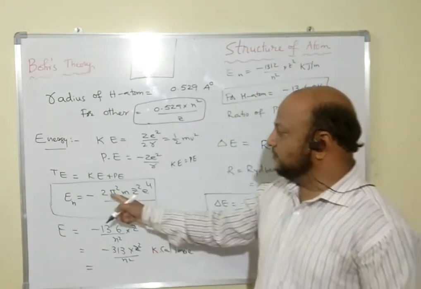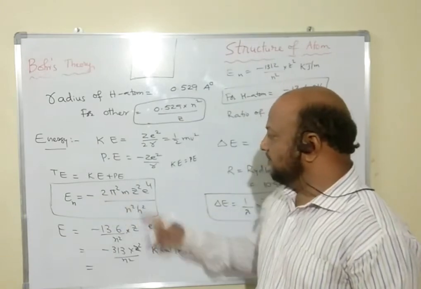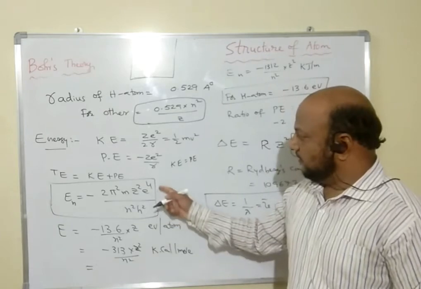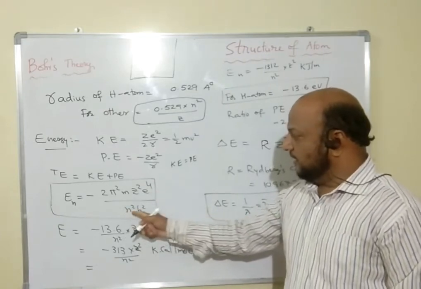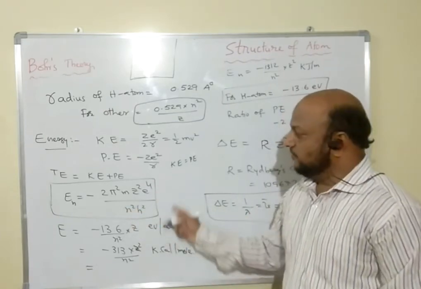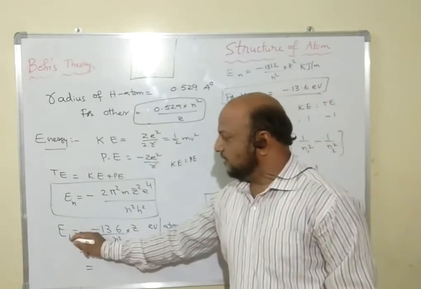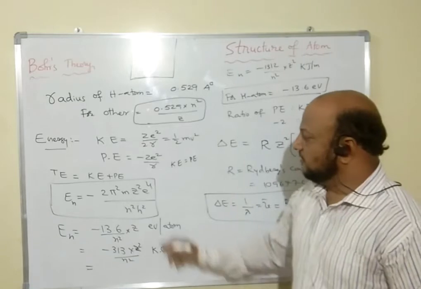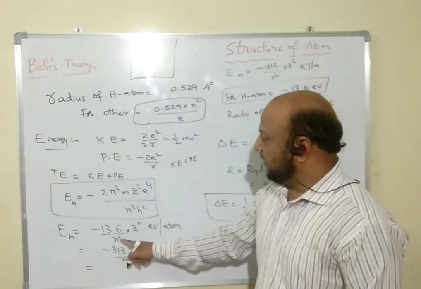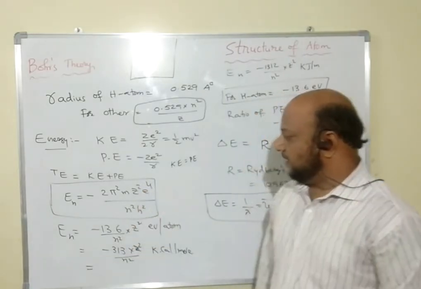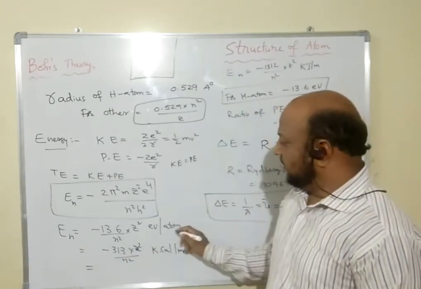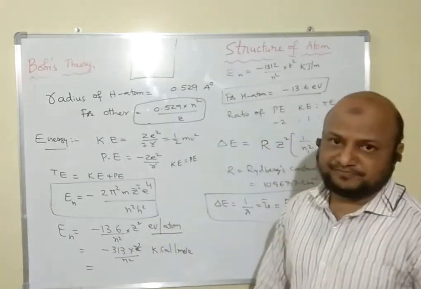If you substitute the values of pi, m, e, that is the mass and charge of the electron, and h, Planck's constant, we get the energy of the nth orbit equal to minus 13.6 into z square by n square, where z is the atomic number and n is the number of the orbit, in electron volts per atom.